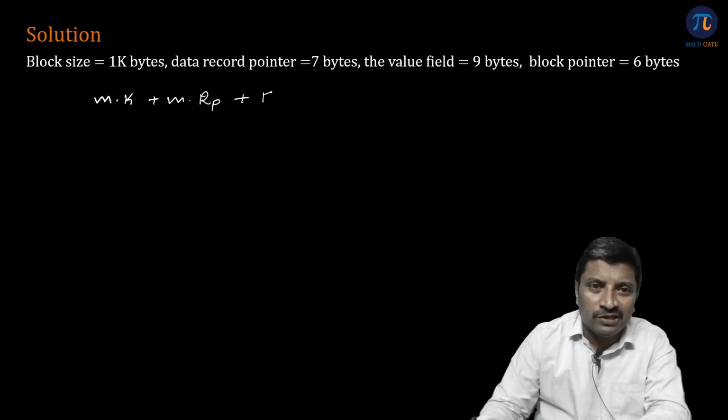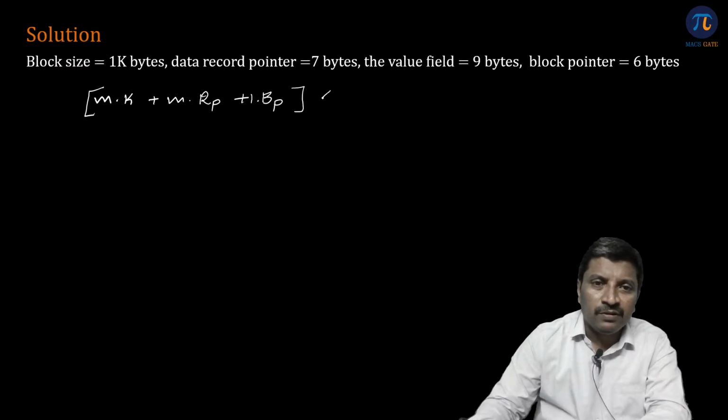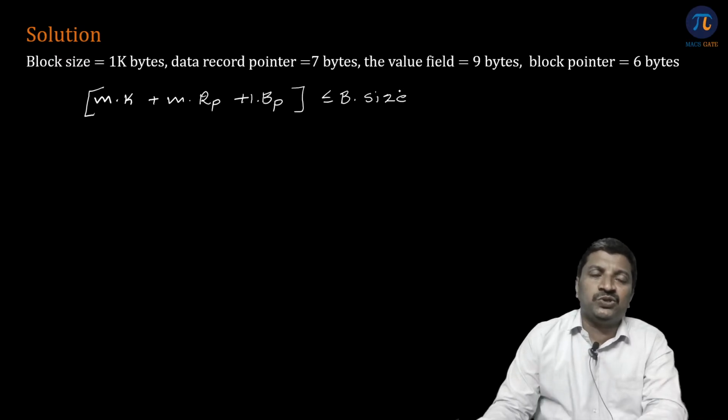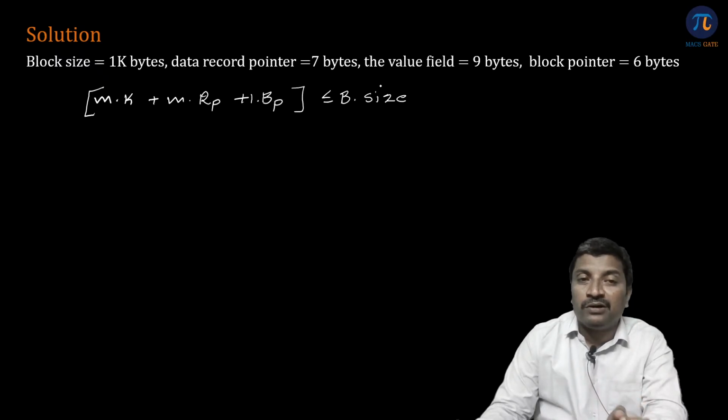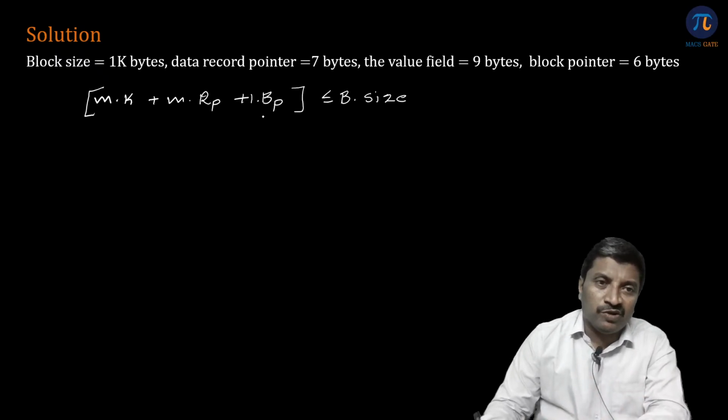That child pointer they given as block pointer. This I have only one, sir. All this must be less than or equal to block size. Hope you understood, sir. I have m number of pairs, key values, comma, record pointers, and one block pointer or child pointer. So that is what we written.